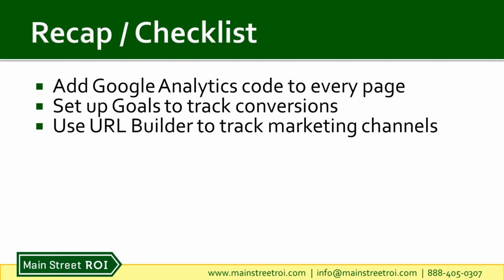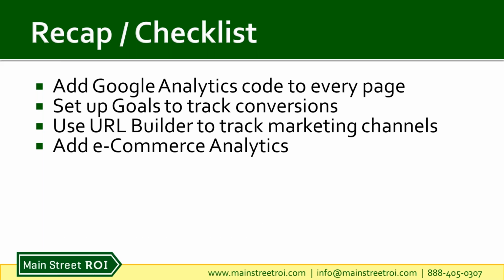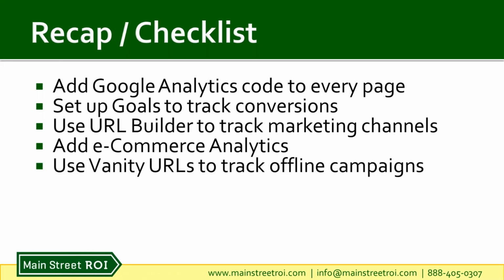Most importantly, if you're doing email marketing campaigns, you absolutely want to use the URL builder for every single link in your email campaign, and that way you're tracking that correctly. If you have an e-commerce site, then make sure you set up e-commerce analytics. As far as tracking offline campaigns, I recommend you set up a vanity domain and then forward that domain to a URL on your website that has the tracking parameters from the URL builder.